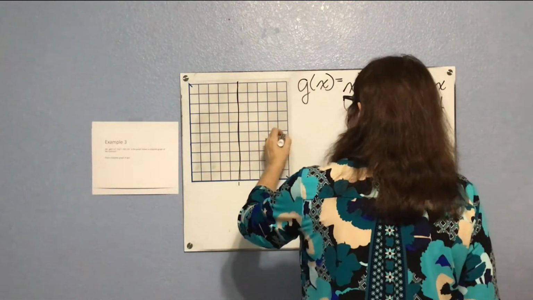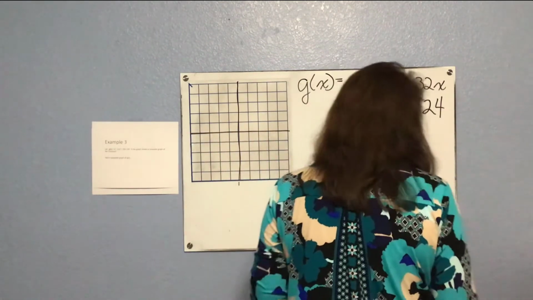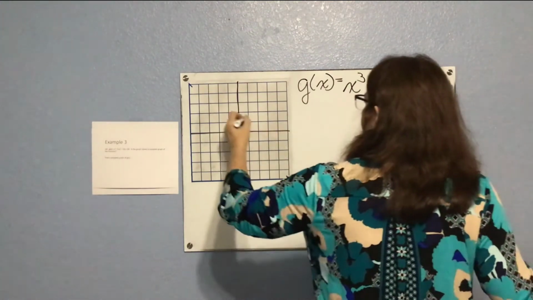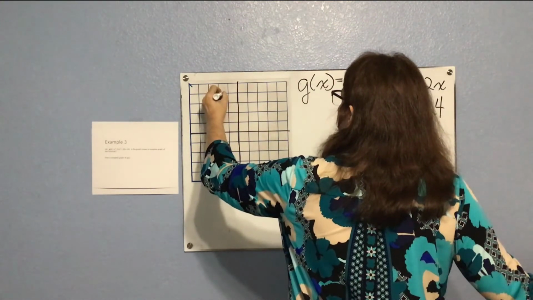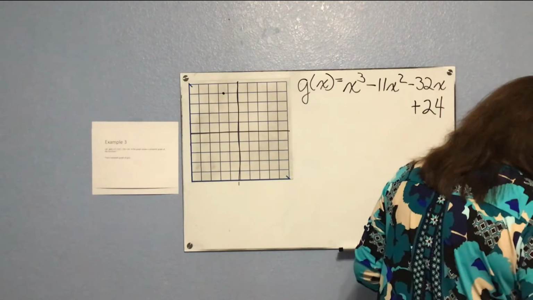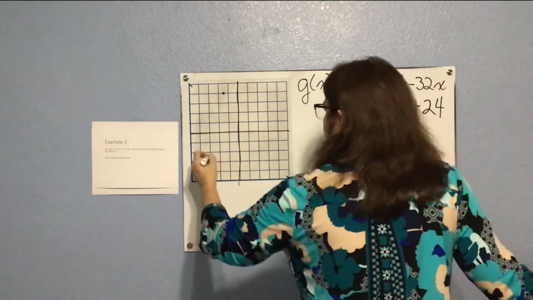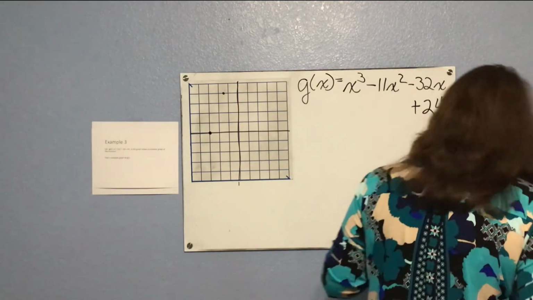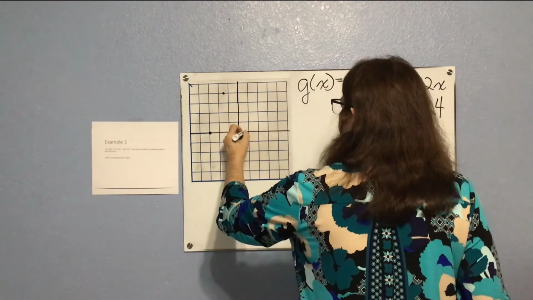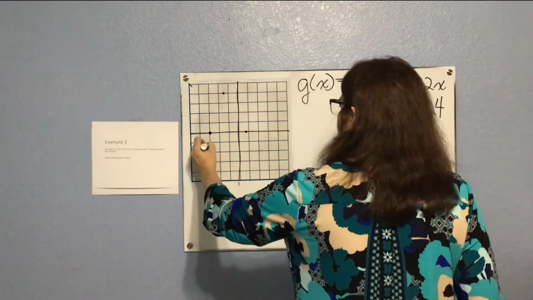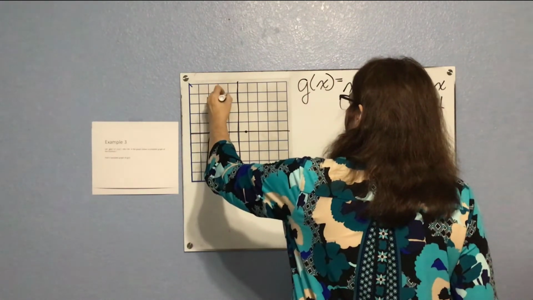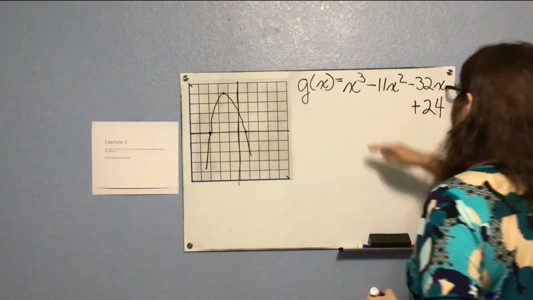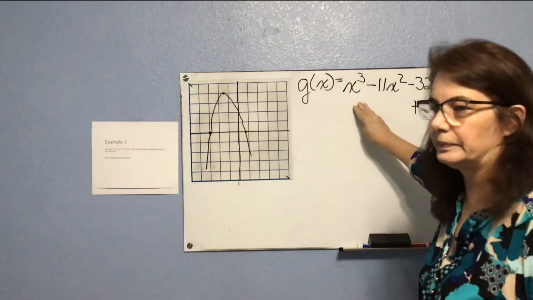And I want you to tell me if this could be a complete graph of this function. Okay, I've got a point up here. I have an intercept about here and another intercept maybe here. And I'm asking you, could this possibly be a complete graph of this function?